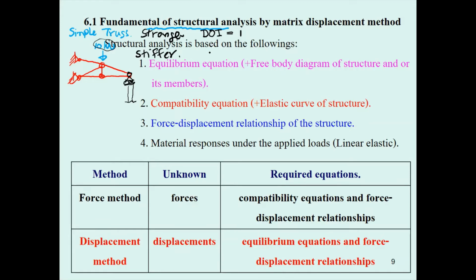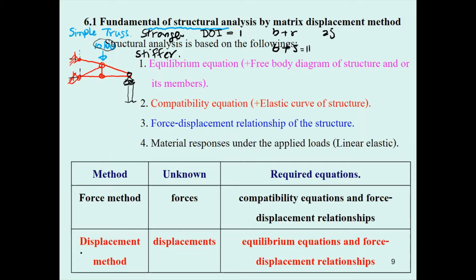Okay, you may check the determinacy by b plus r and compare with 2j. By doing this, how many bars? Bar 1, 2, 3, 4, 5, and then you have 6. Now the reactions that you have are 1, 2, 3, 4, and 5. That's going to be 11.